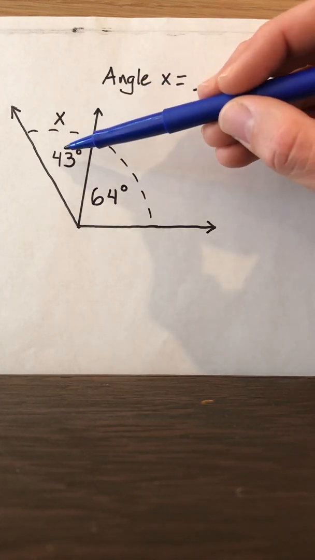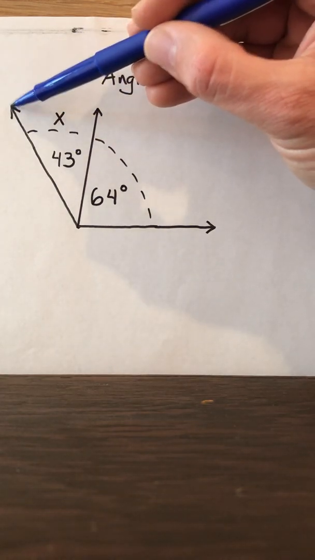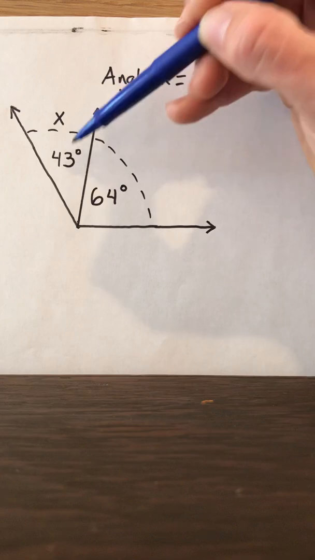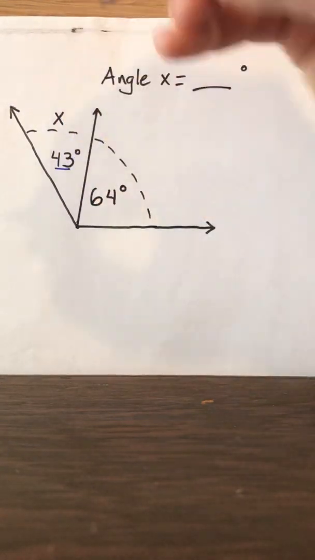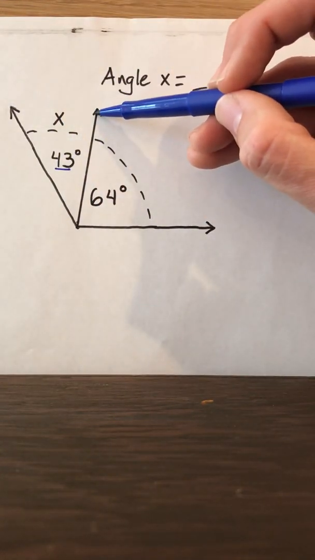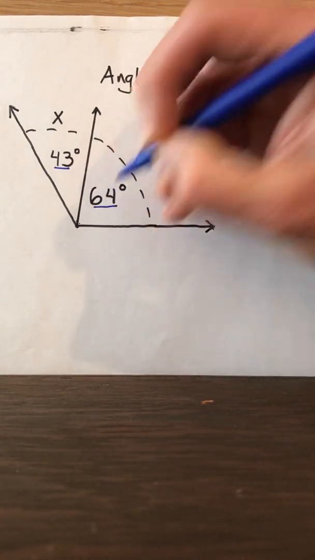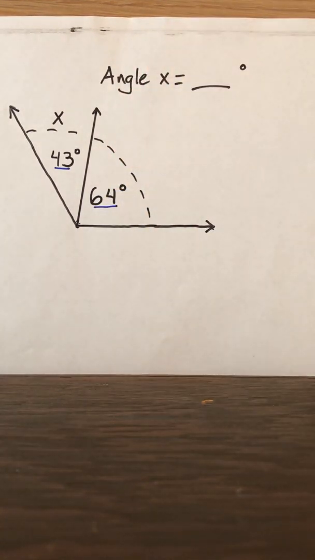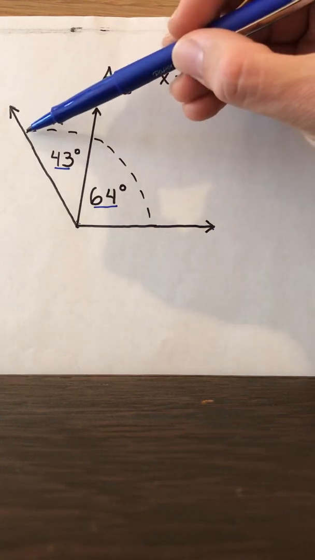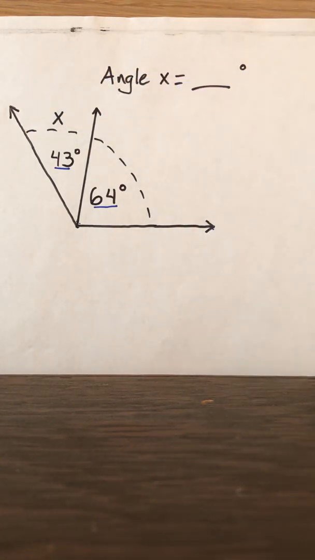If we add up the measure of the angle from here to here to here, which is 43, and we add up the measure of the angle from here to the vertex out to here, which is this amount, we will get our answer for x, which is the whole entire ray.